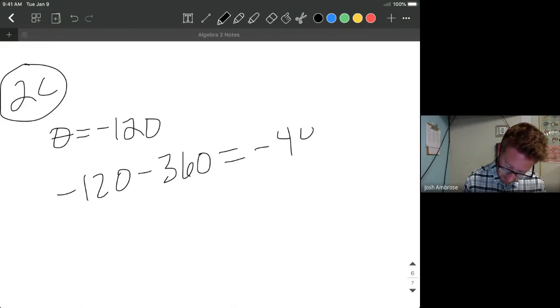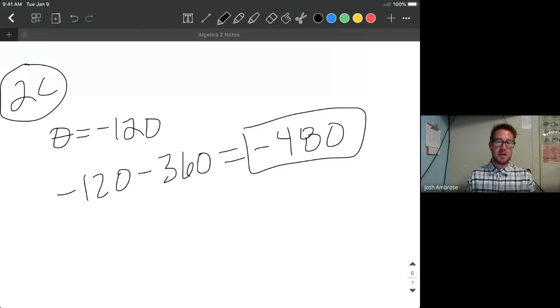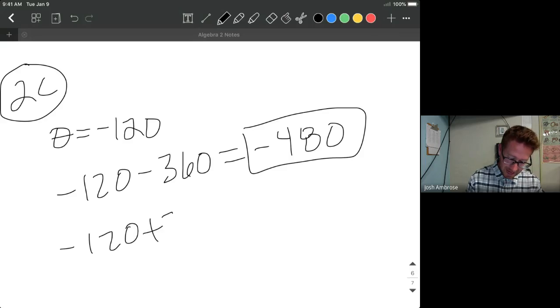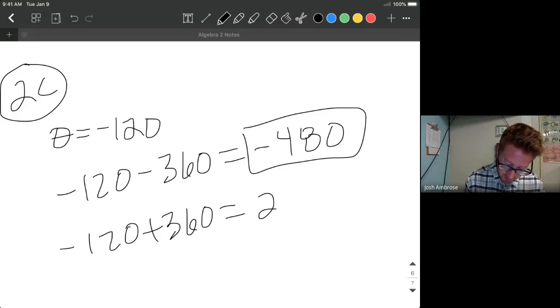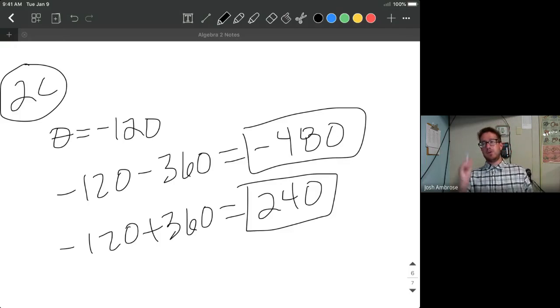That could be our negative coterminal angle, but then you're going to need to take that negative 120 and add 360 to it, giving you 240. That's now your positive coterminal angle. All right, remember again, got to have one positive, got to have one negative.